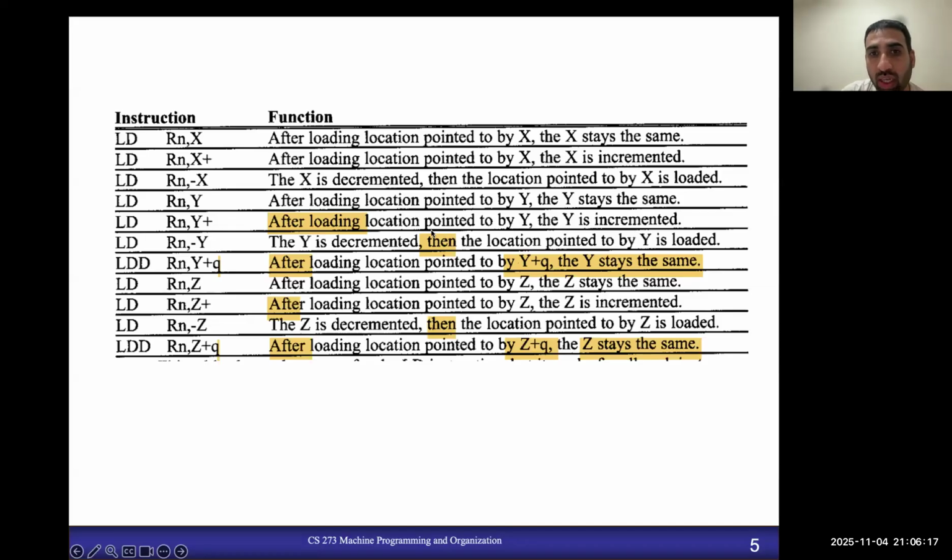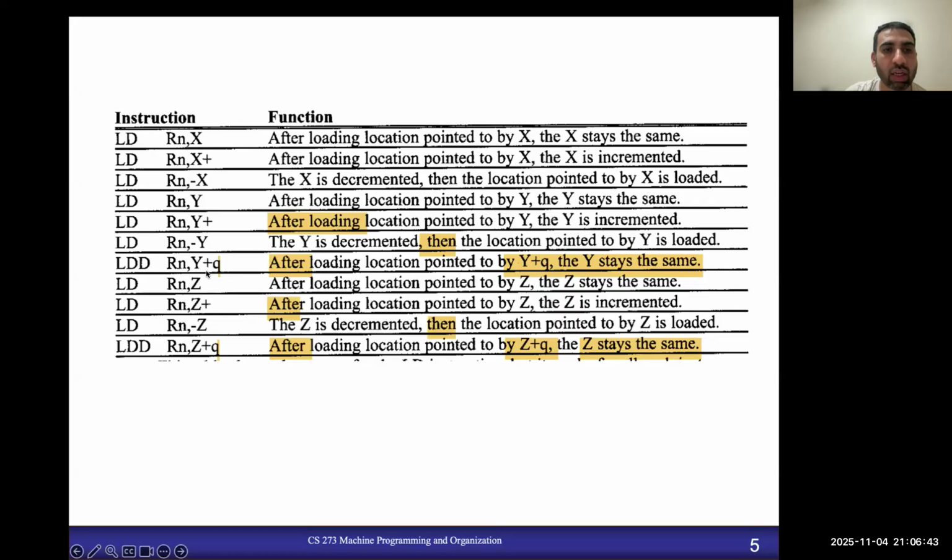So first you load the data from the location pointed to by Y and then increment Y. Similarly, in the pre-decrement variant, Y is decremented first, and then the location pointed to by Y is loaded. After the decrement, the new location is one less than Y, and from that resulting location you read the data.